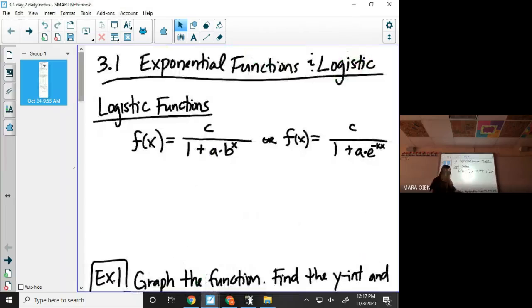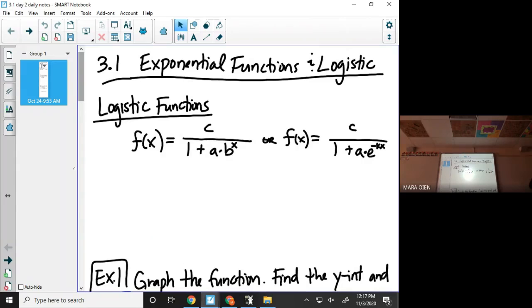Okay. There is one other thing that's in this section that I wanted to touch base on. That was on logistic functions. So logistic functions, these were one of our 12 basic functions. If you remember when we had our 12 basic functions.